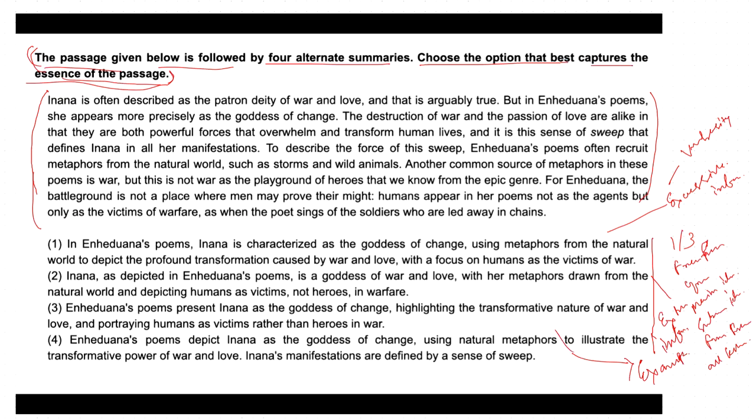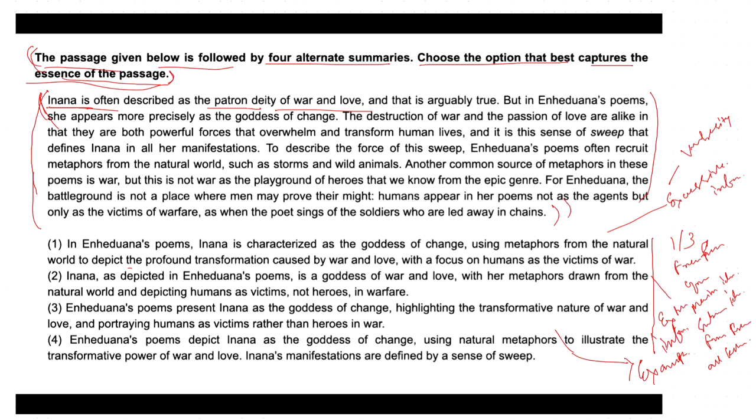I assume you must have read this text and got some general idea out of it. Let me provide some more ideas about this particular text. The passage discusses how Inanna, often described as the patron deity of war and love, is more precisely portrayed as the goddess of change in Anaduana's poems.